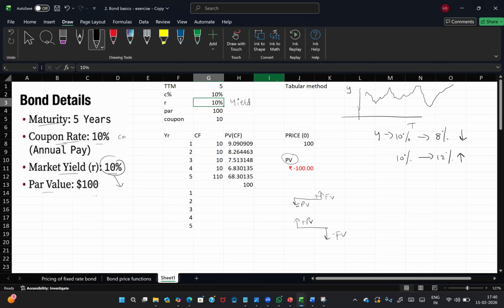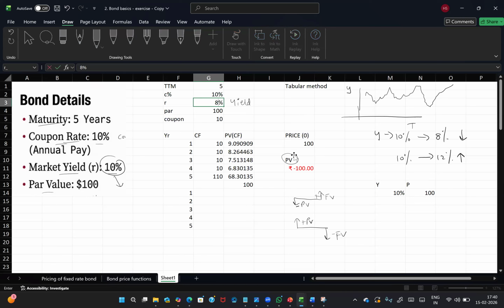So let's calculate that and put it very simply here. I'll just create a small table where I put yield. When the yield was 10%, which is the initial yield here, my price on the bond is 100, which we calculated. Now, suppose yield falls to 8%, then what is the price?